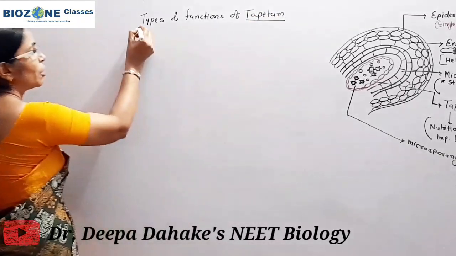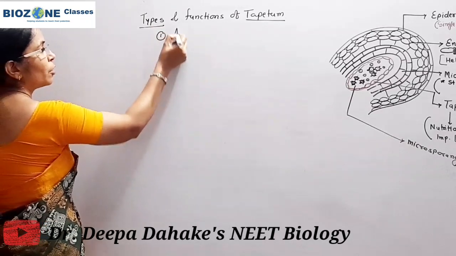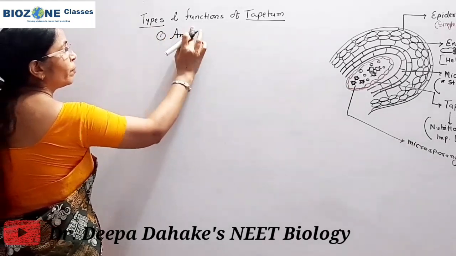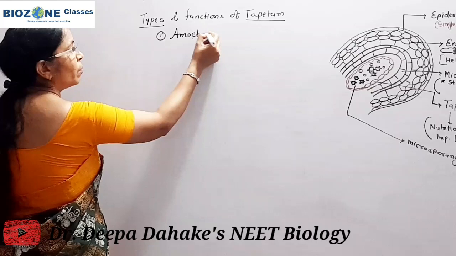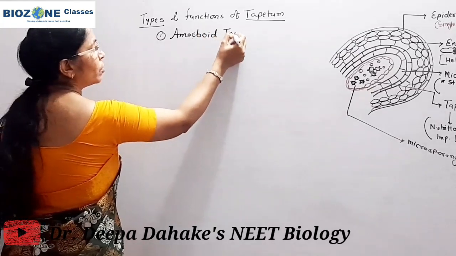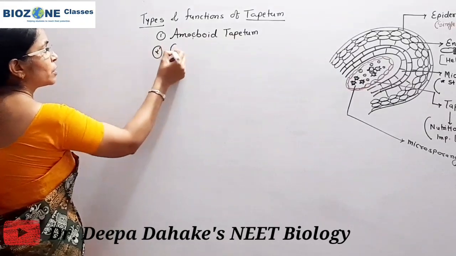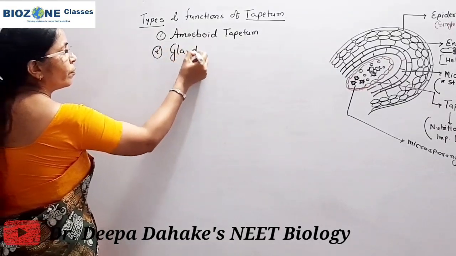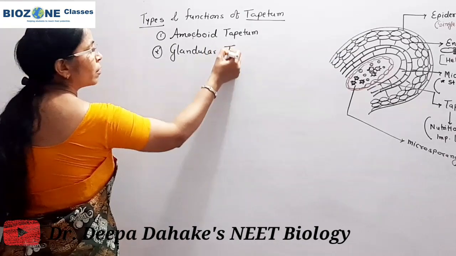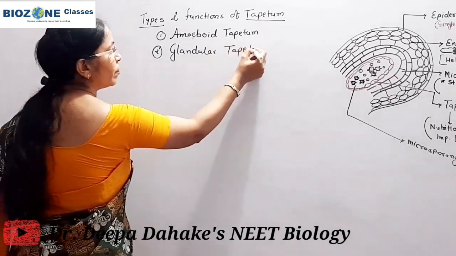When we study types, there are two types of tapetum: amoeboid tapetum and glandular tapetum.